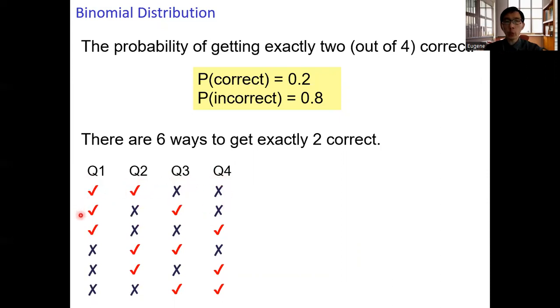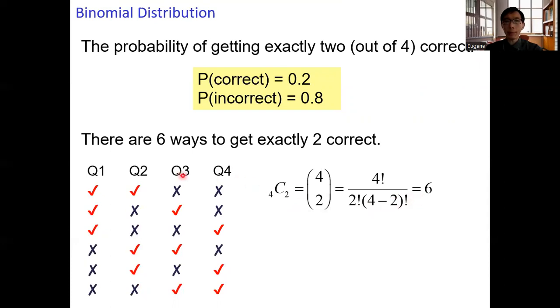Or we can have question 1 and question 3 correct, and question 2 and question 4 incorrect. So altogether, we can have 6 different cases or 6 different combinations. So we have 4C2, the number of ways to get exactly 2 correct out of 4, equals 6.